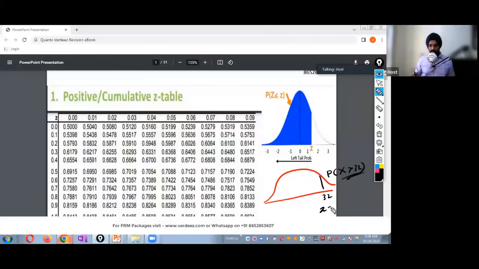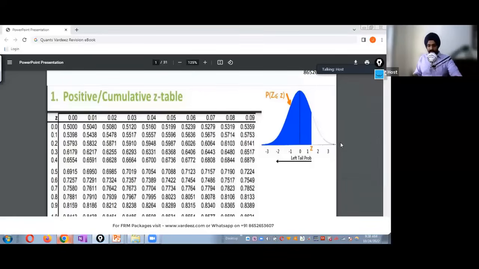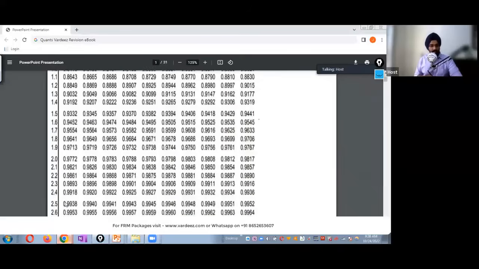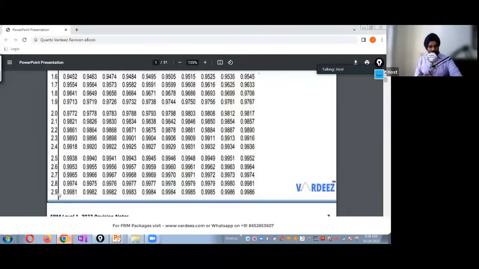So we calculated the Z value and it came to be 3. Now just look at the Z values over here, at the value of 3. Let's check, where do we see 3? It's not there actually, it's 2.9, but there is also a 3.